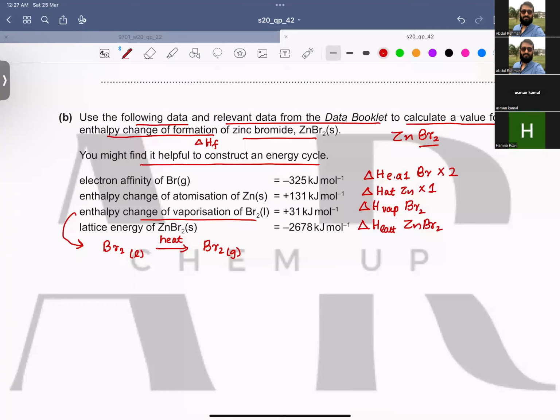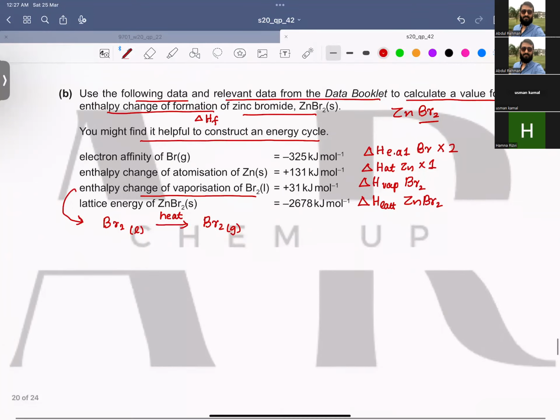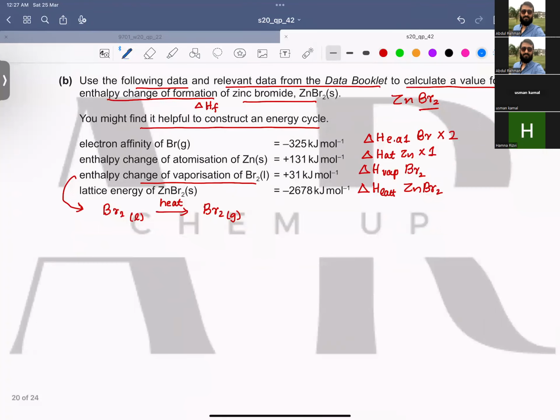So if you recall the expression, enthalpy change of formation की जो expression है वो basically, अगर मैं इस कंपाउंड की रिस्पेक्ट से फॉर्म करूं तो it would be like this.